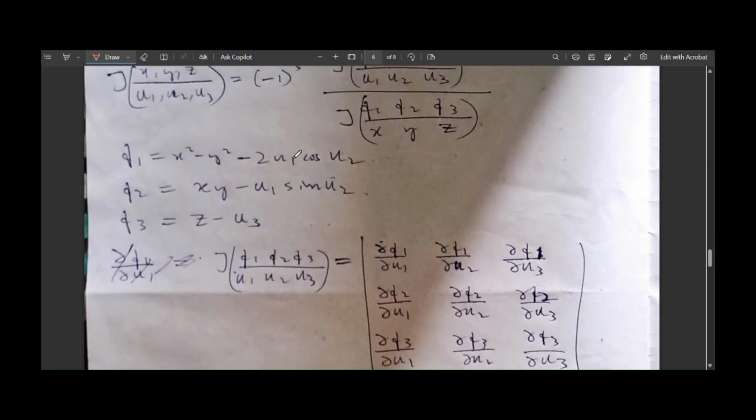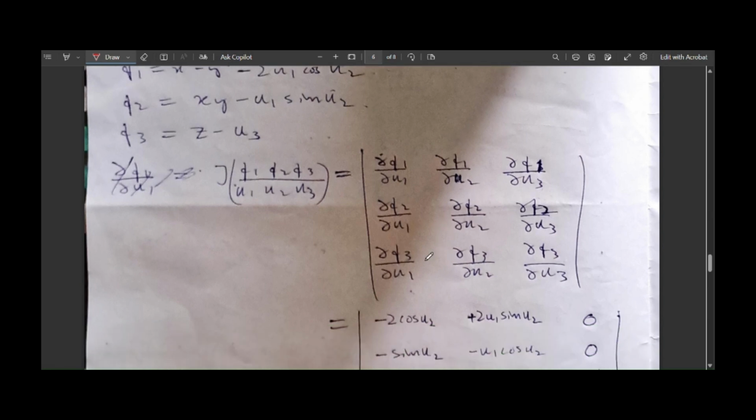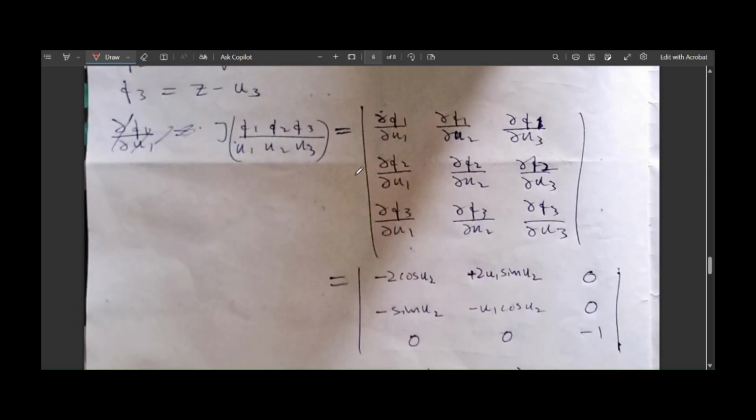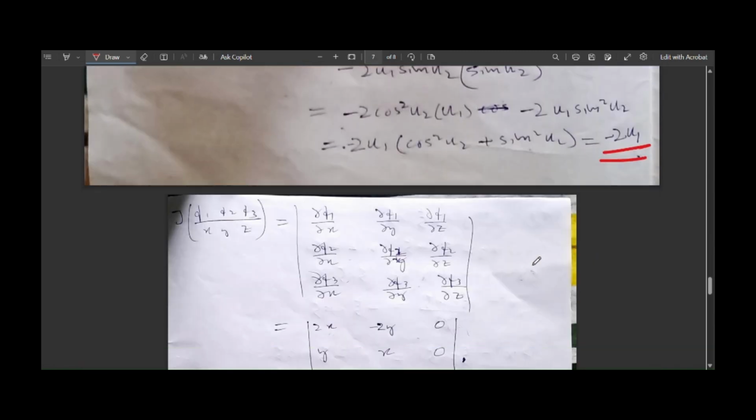So the Jacobian of f1 f2 f3 with respect to u1 u2 u3 is this determinant: first row, all numerator is dou f1, and denominator is changing u1 u2 u3, and like second row and third row. You compute it and find out the value of this determinant is minus 2 u1.